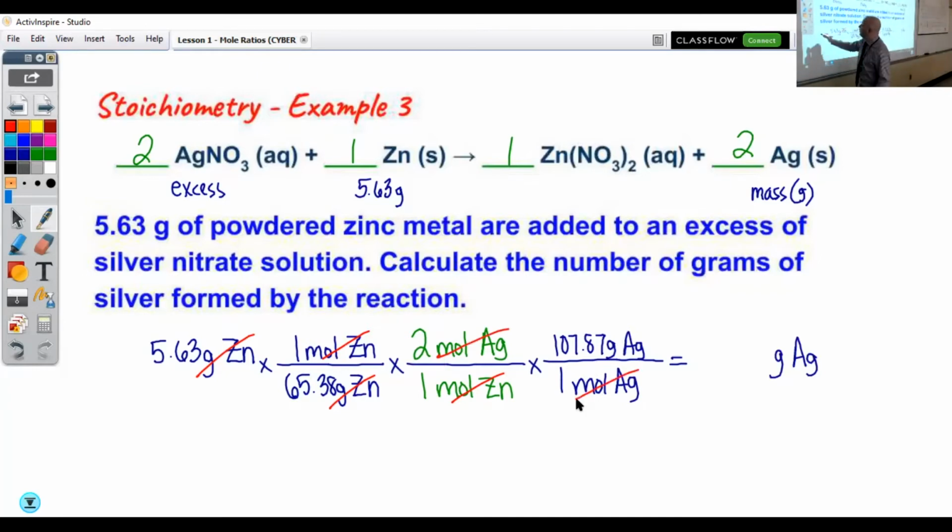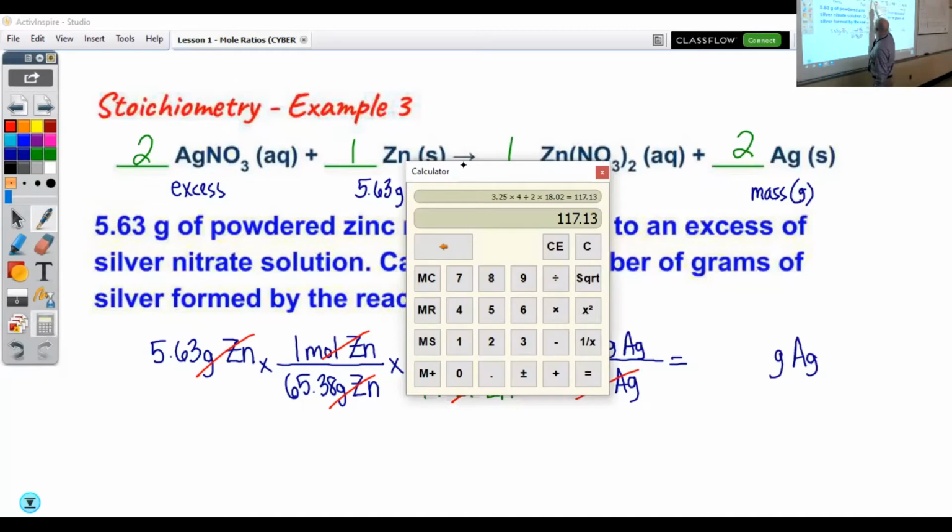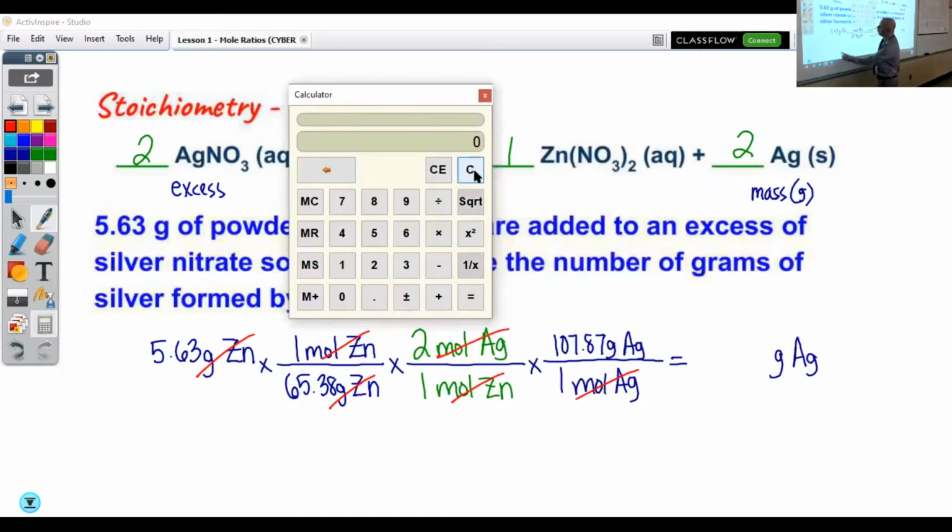Typing all of this into the calculator. We're going to start off here. We have 5.63. Now, we don't have to enter in 1, so we're just going to hit divided by 65.38. That's our molar mass for zinc down here.